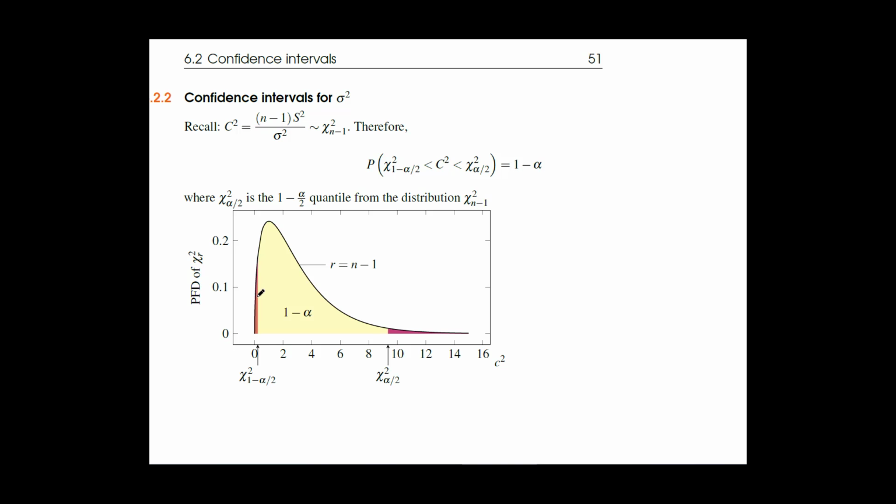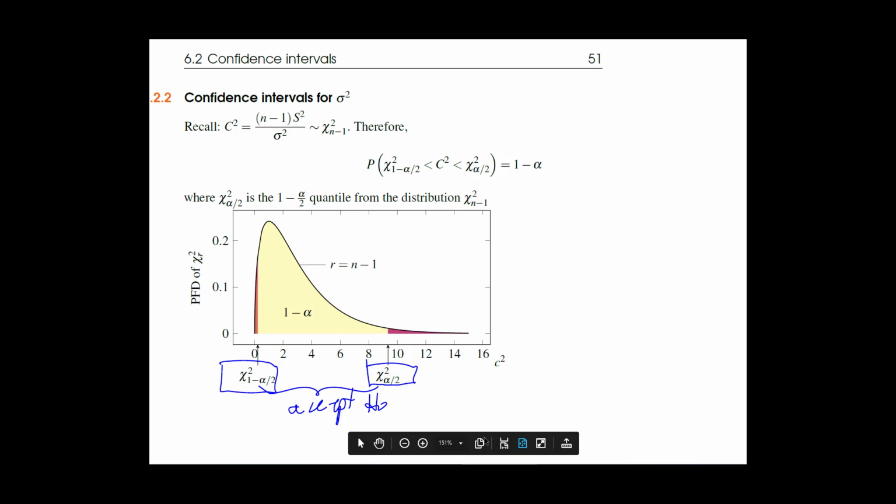By looking at this figure, this is the acceptance region. So hypothesis testing is much easier. Here you accept H naught, and in the red areas you're going to reject H naught. So it all comes down to really finding these two critical values for hypothesis testing. This is two-sided, and the same idea applies if you want one-sided: you put all the alpha probability on one side of the table.